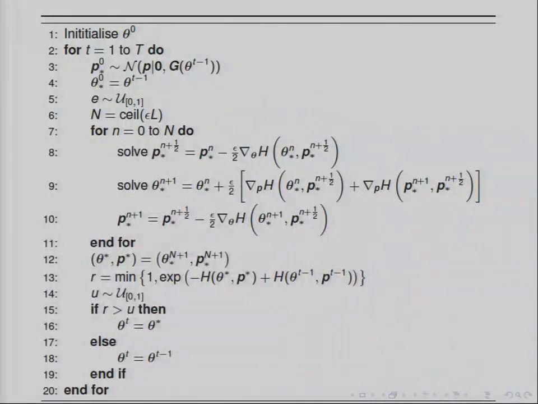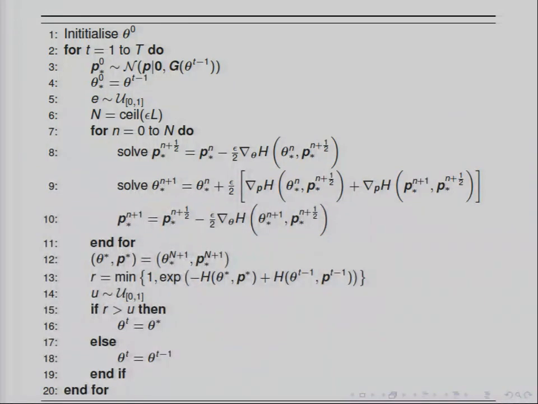So the computer scientists amongst you will probably give a big sigh of relief if you see some pseudocode. But this is in essence the algorithm for the Riemannian manifold Hamiltonian Monte Carlo. So we just sample from our normal distribution where the covariance is now equal to the metric tensor computed at the current values of the parameters.